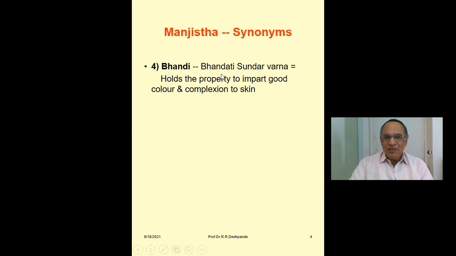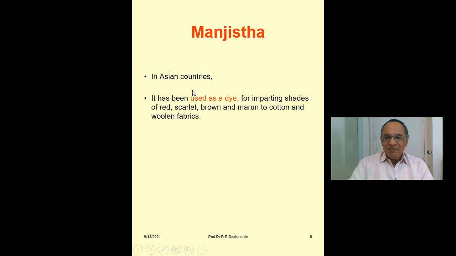In Asian countries, Manjistha has been used from ancient days as a dye that imparts shades of red, scarlet, brown and maroon to cotton and woolen fabrics. Color is given to the cloths, so Manjistha is used to prepare dye for different colors.